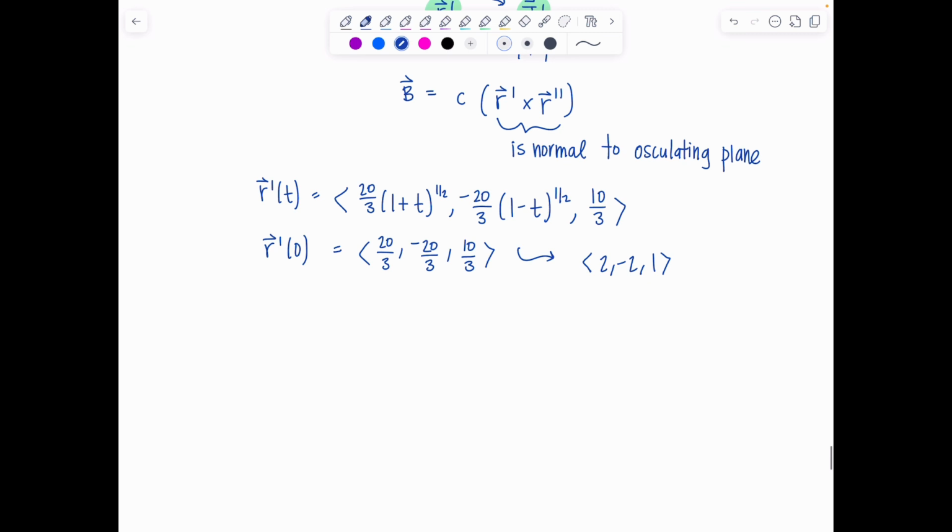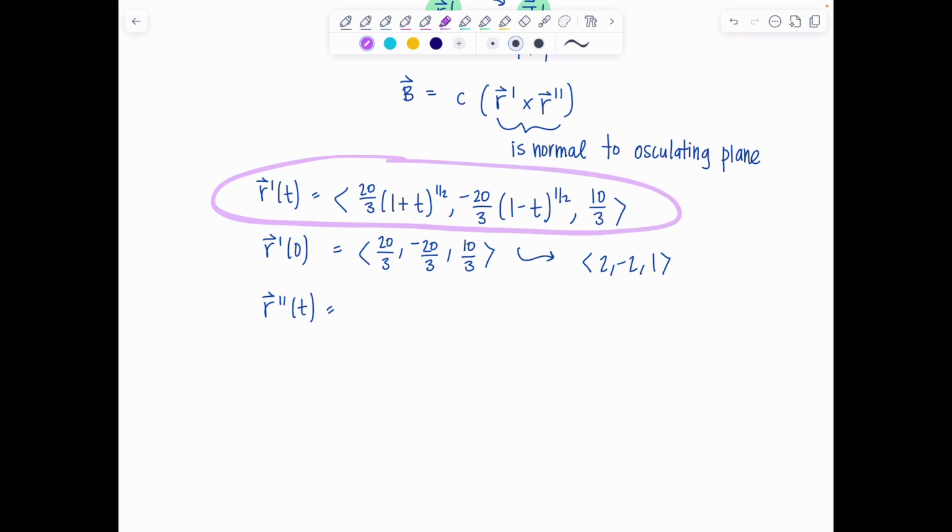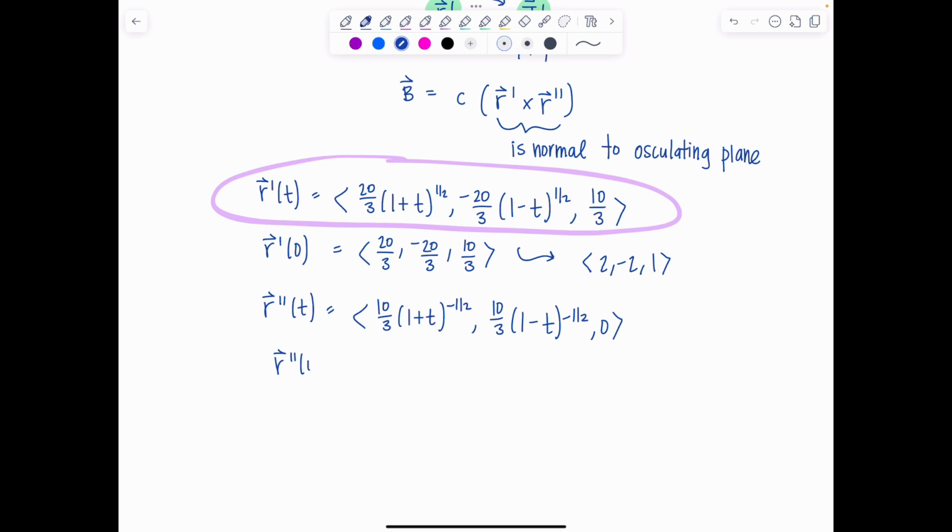Just you watch. And then r double prime of t, so I'm going to take another derivative from here, would have components 10 thirds times (1 plus t) to the negative 1 half, positive 10 thirds times (1 minus t) to the negative 1 half, and 0. r double prime of 0 has components 10 thirds, 10 thirds, 0.